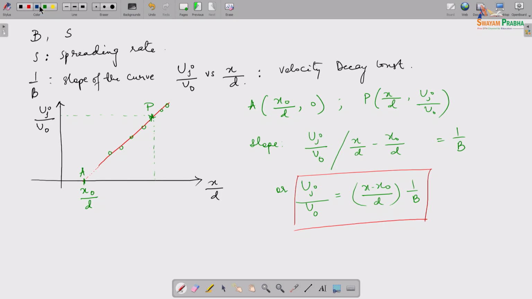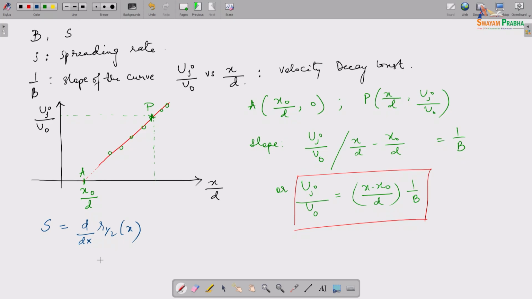And S, we basically said, is essentially how the jet half width changes over time. I mean, that is what spreading rate is all about.